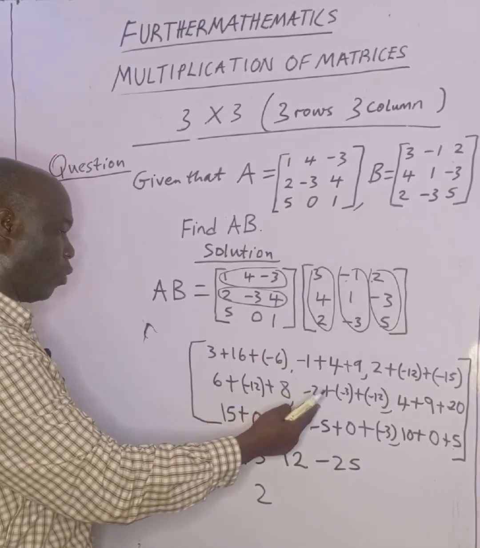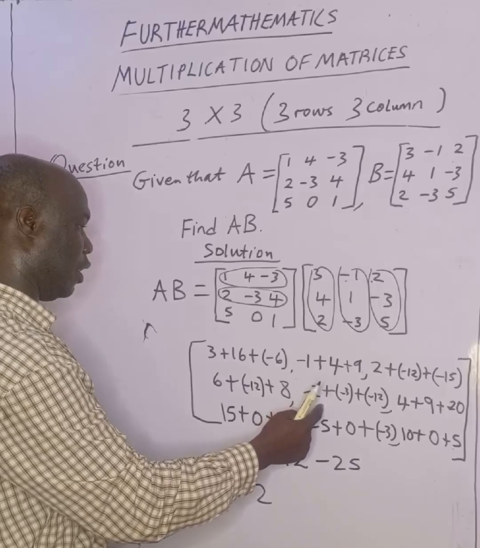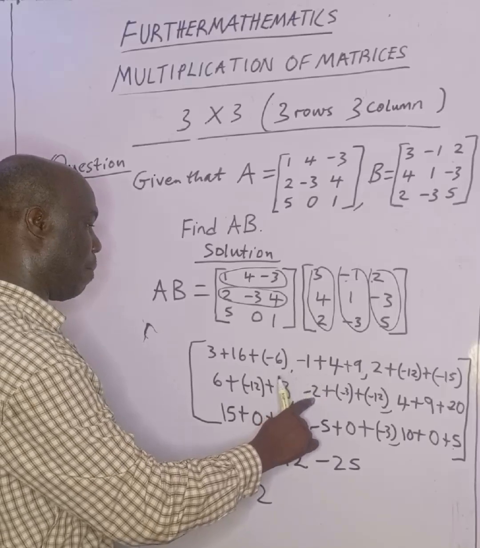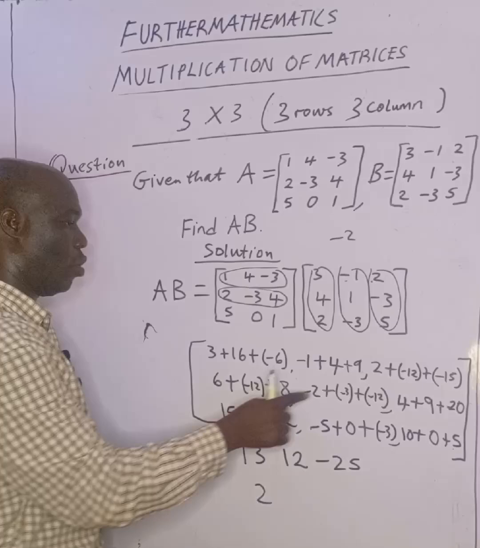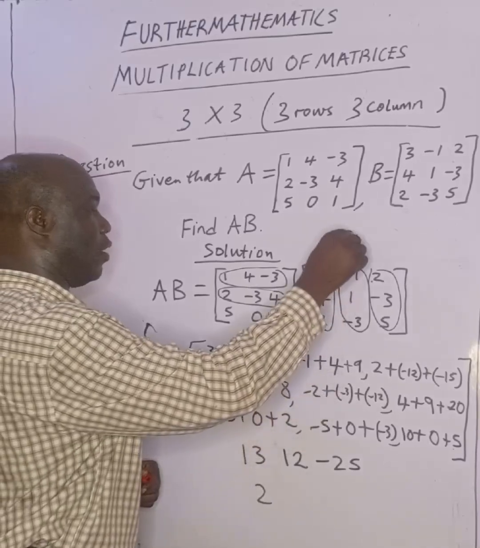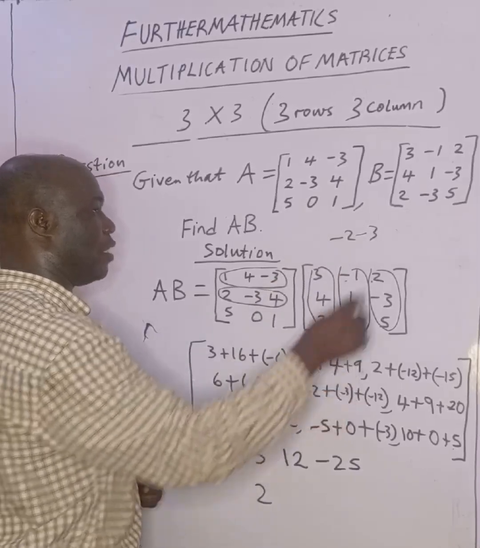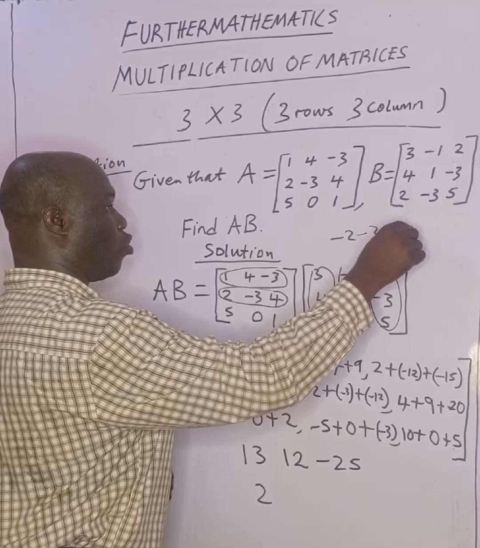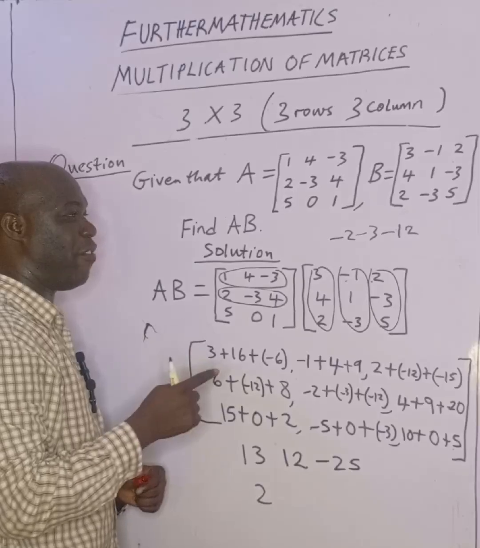So now I think we are here. This is minus 2. This minus 2 plus times this minus, we have 3 there. This plus times this is minus, we have 12. So minus 2 minus 3 is minus 5.